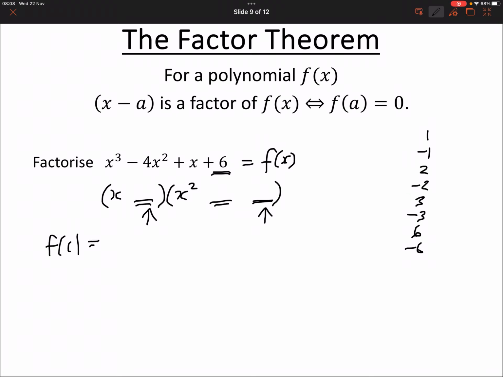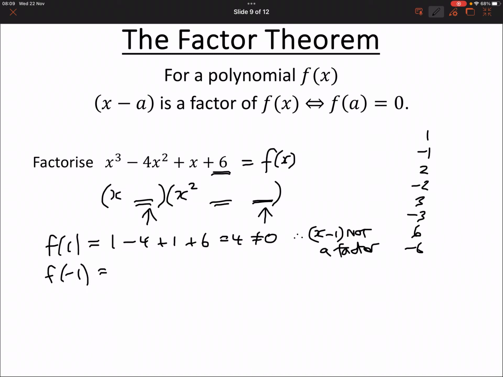f of 1, you can work this out. You get 1 minus 4 plus 1 plus 6. Well, that's 4, so that's not equal to 0. So that tells me that x minus 1 is not a factor of f of x. Okay, let's try minus 1. If I plug that in, I get minus 1 cubed is minus 1, minus 4, minus 1, plus 6.